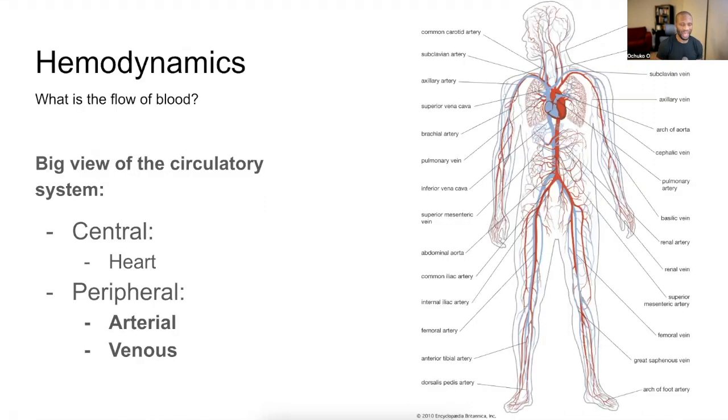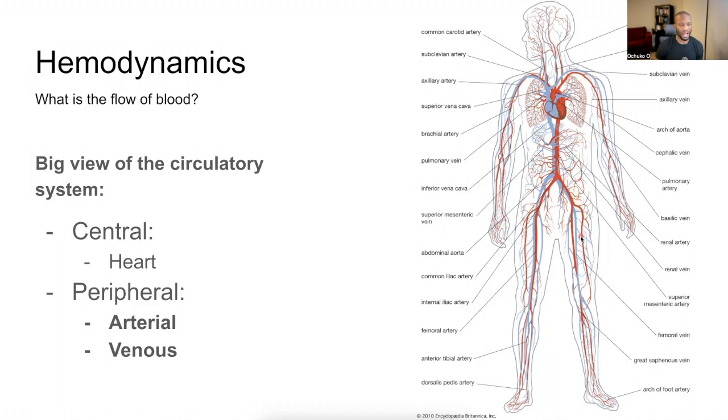And when we look at the hemodynamics, we're going to have two phases. Centrally, like we mentioned, the blood flowing through the heart, and then peripherally, and we already introduced the arterial and venous system. This diagram here is just showing a bundle of all of these arteries and veins going throughout the body. Centrally, we have the heart. We already discussed how the blood is flowing through, but we also see these networks.